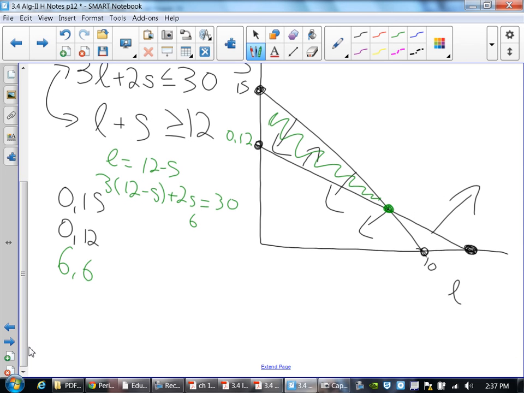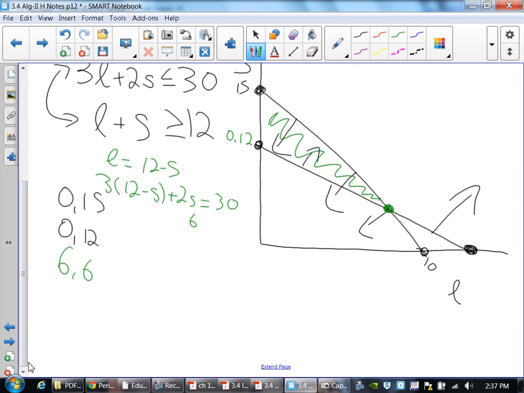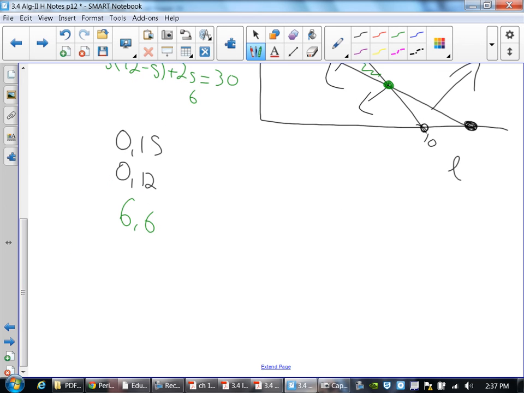Anyway, when you substitute back in your profits, what were we making? 20 and 10? So let's see. It was 20 times 0 plus 10 times 15. This is our profit function.